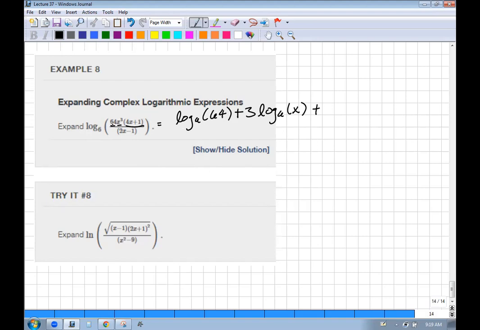Turn it into a sum. So log of 64 plus 3 log of x plus log of 4x plus 1. Now the 2x minus 1 is on the bottom, so it's negative.